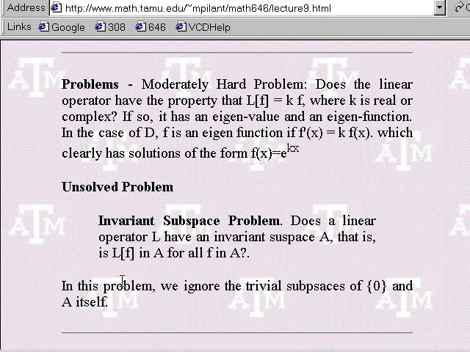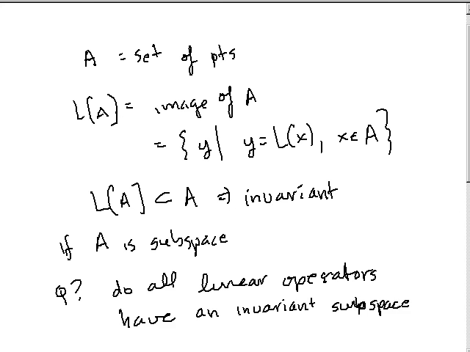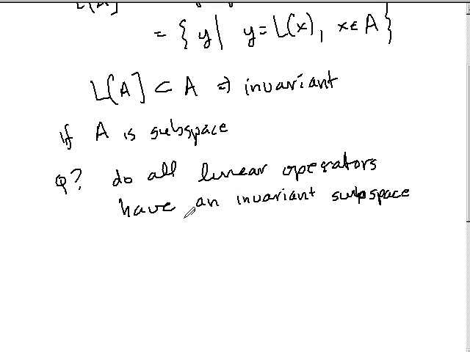So we ignore 0, and obviously it's true if you take the whole space itself. If A is the whole space, L of A is contained in the whole space, but we don't include the all or nothing, the 0 and A itself. So the invariant subspace problem is actually, there's a faculty member here called Percy who I think was offering a course on this at one time.